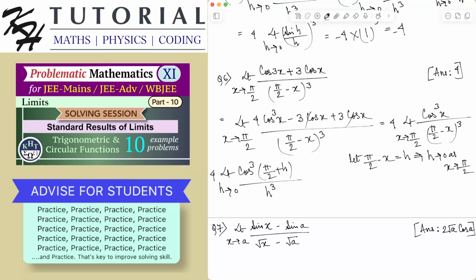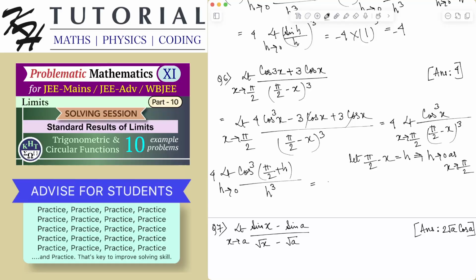Now what is cos of pi by 2 plus h? Cos of pi by 2 plus h is equal to sin h.